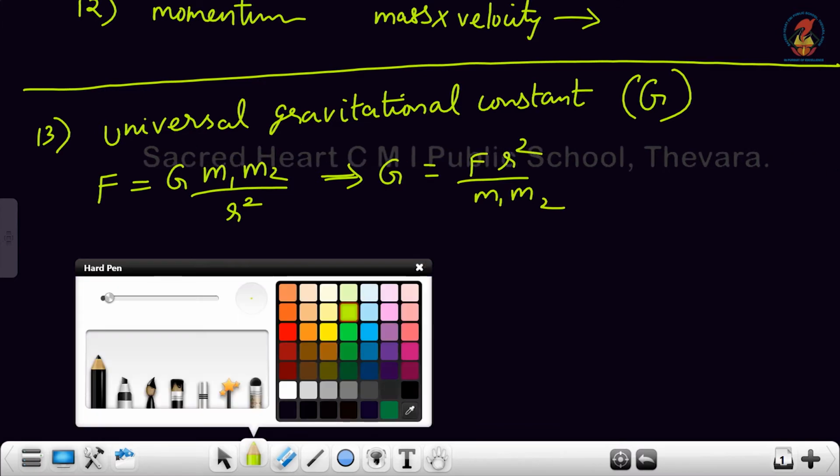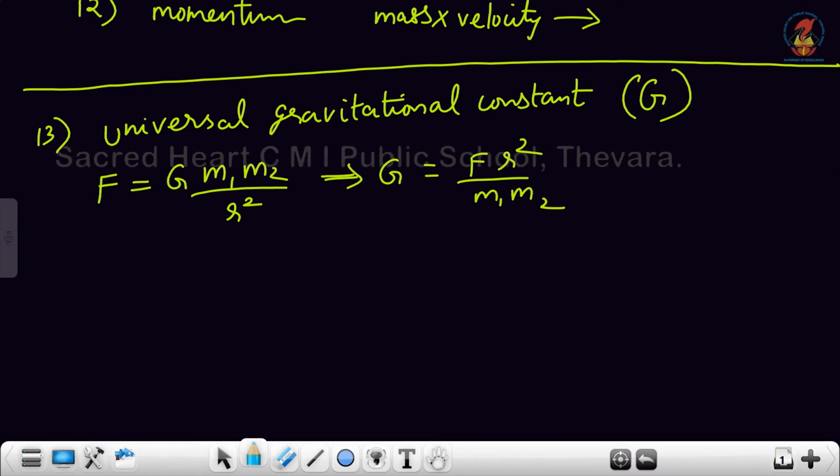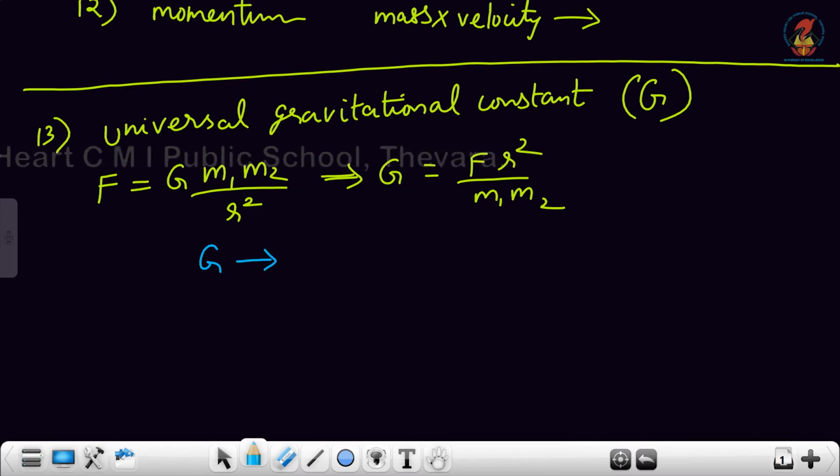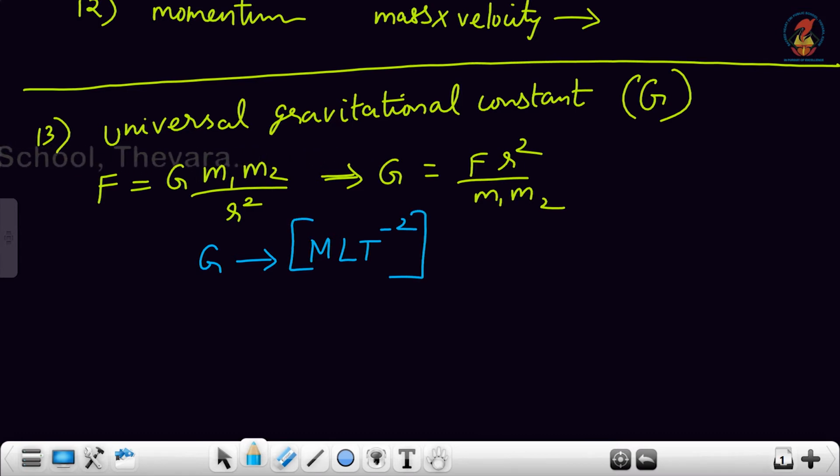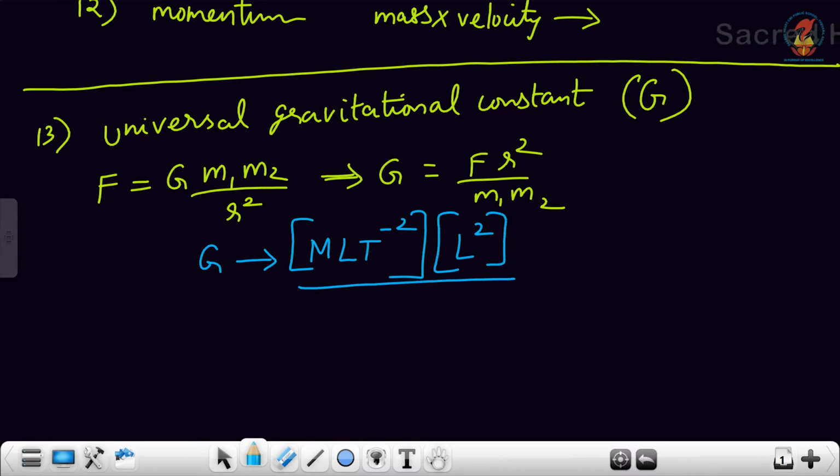Now let us put the dimension for each of them. Dimension of F is the dimension of force, which is M L T minus 2. Dimension of r is radius, which is length only, so r square will be L square. Then m1 and m2 are masses, so M square.